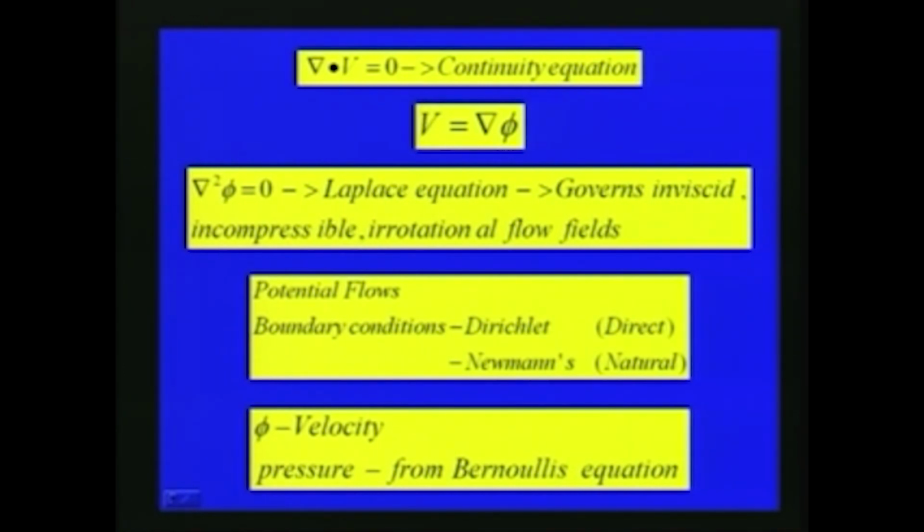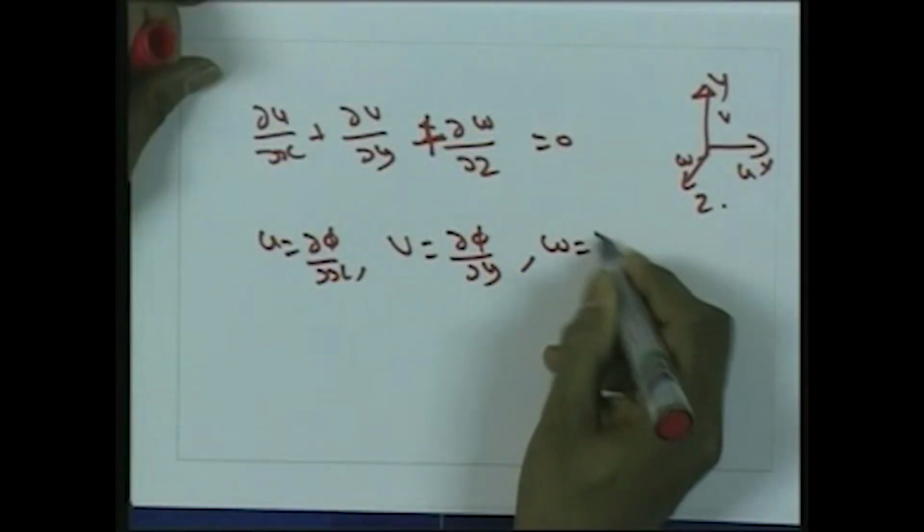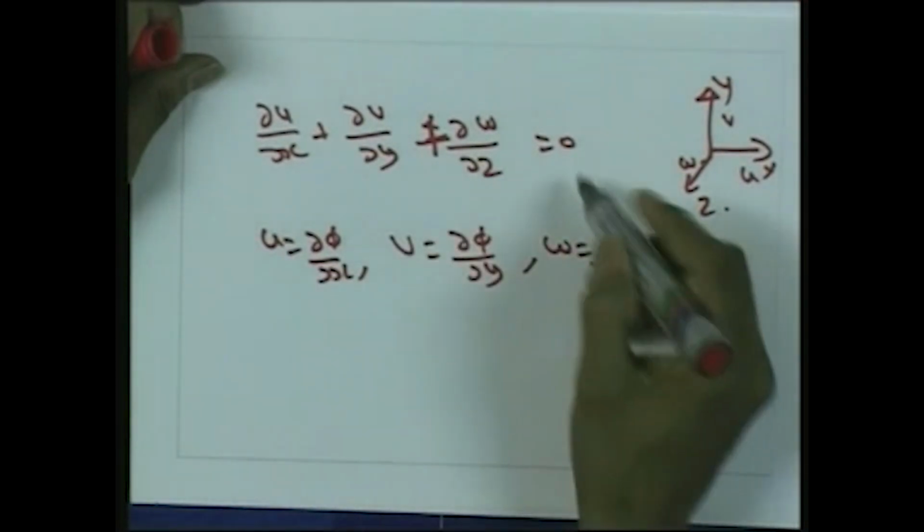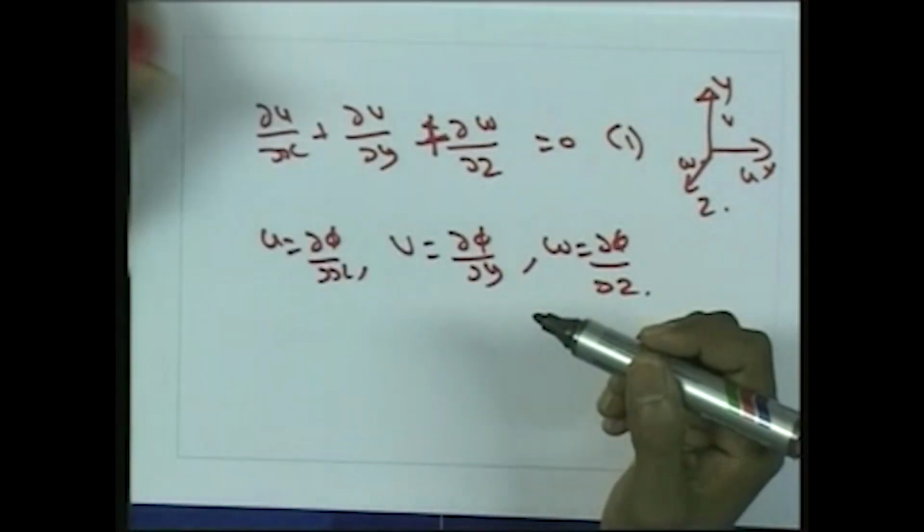We have also defined u is equal to del phi by del x, v is equal to del phi by del y and w is equal to del phi by del z. So we will substitute for u, v, w in the continuity equation.